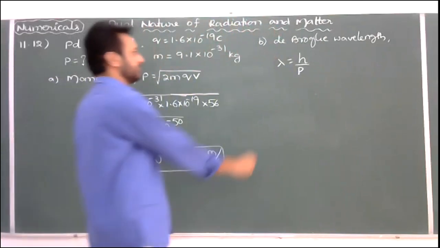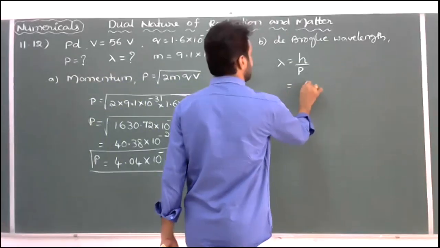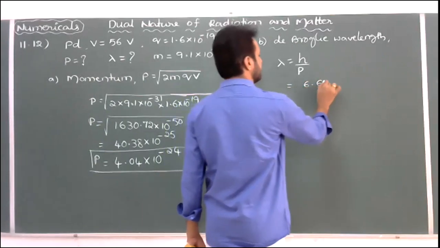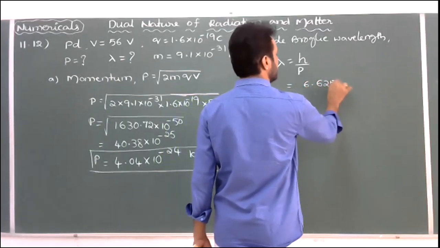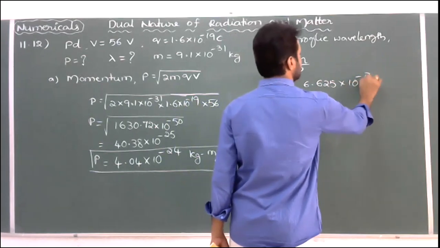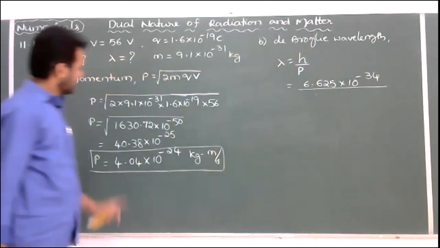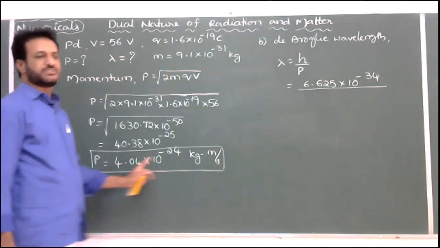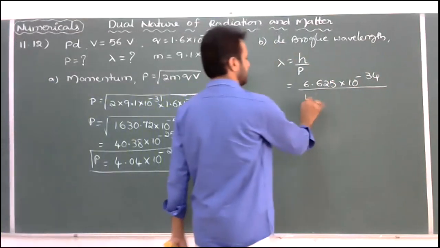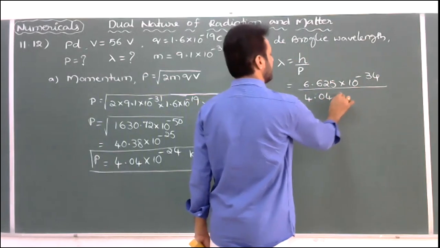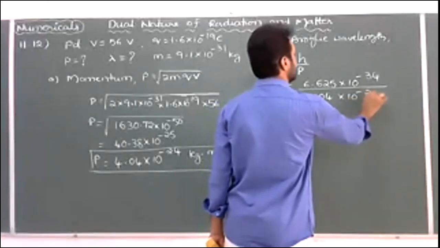I'll substitute here. H is equal to 6.625, or we can write 6.62 also, okay, into 10 to the power of minus 34 divided by the momentum we calculated here, 4.04 into 10 to the power of minus 24.